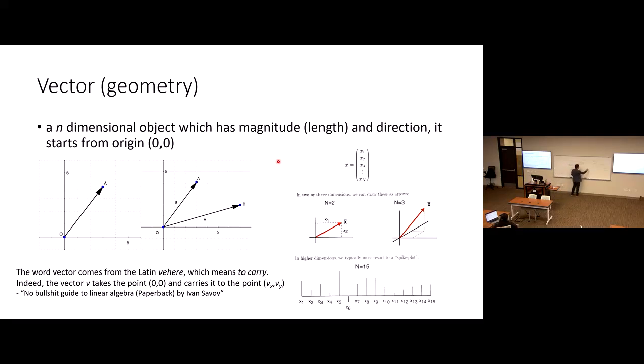To draw the vector, you start from the origin, so this will be 0, 0, 0. In the 3D, you point to this data point, which is defined by the 3 variable values. This will be x, y, z.